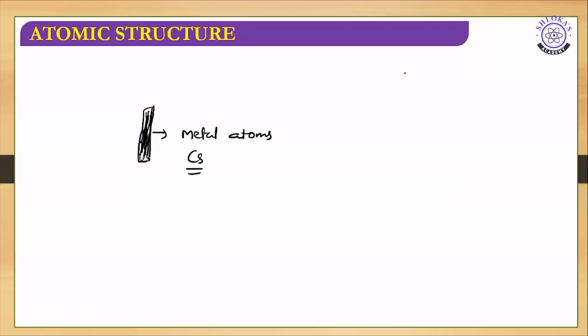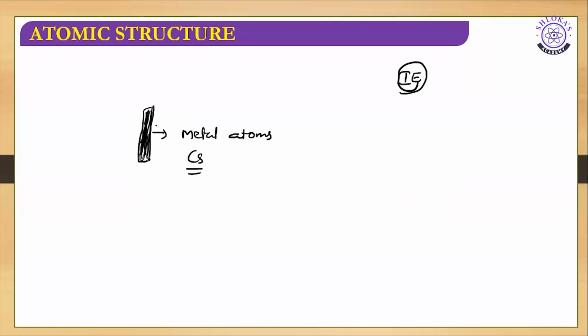Now we know one word, that is ionization energy. What is meant by ionization energy? The minimum energy required to remove an electron from the outermost shell of an atom is called ionization energy. Similarly, this cesium metal, under normal conditions, does not eject any electron from its surface.